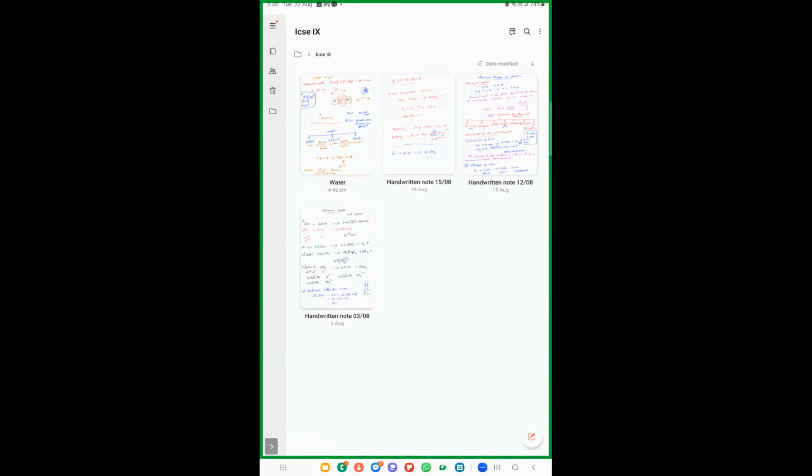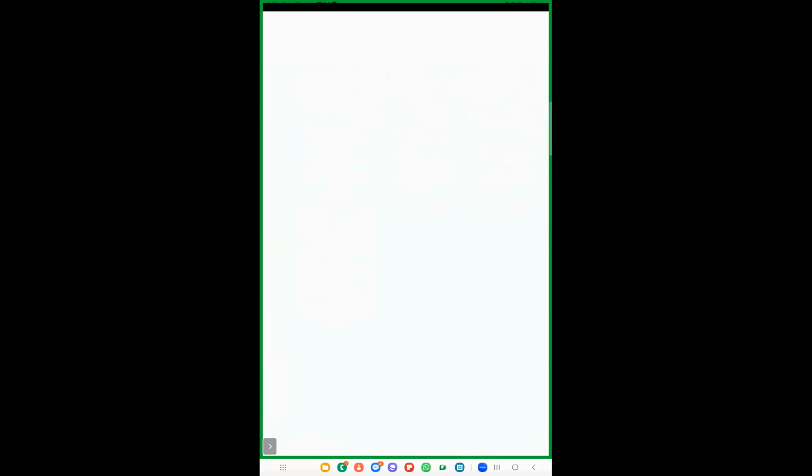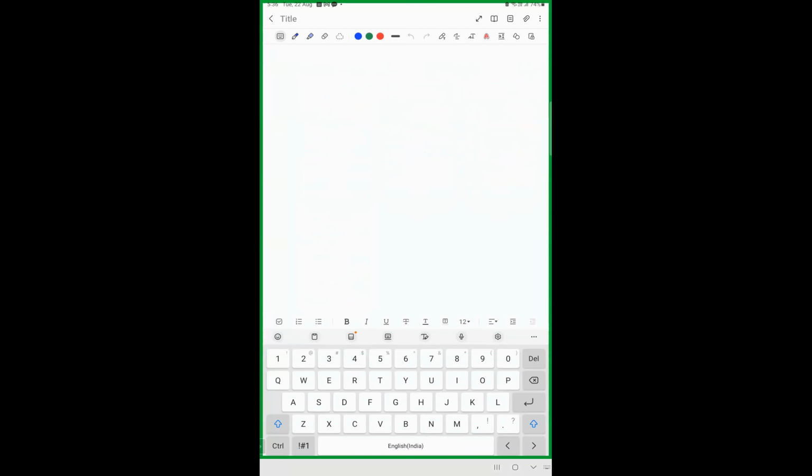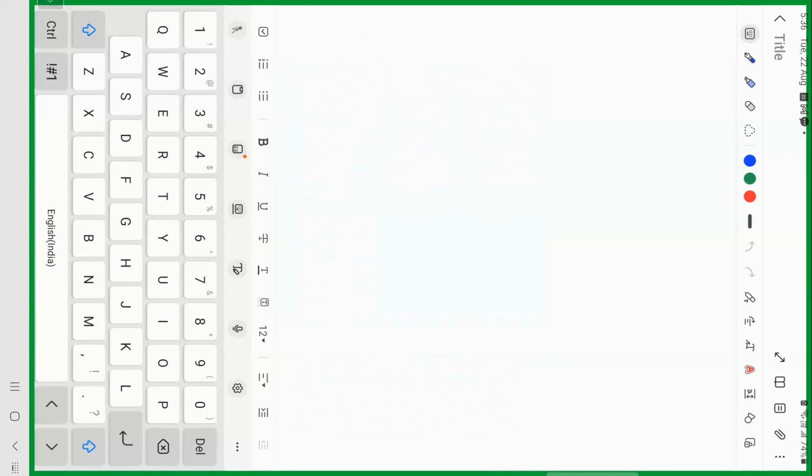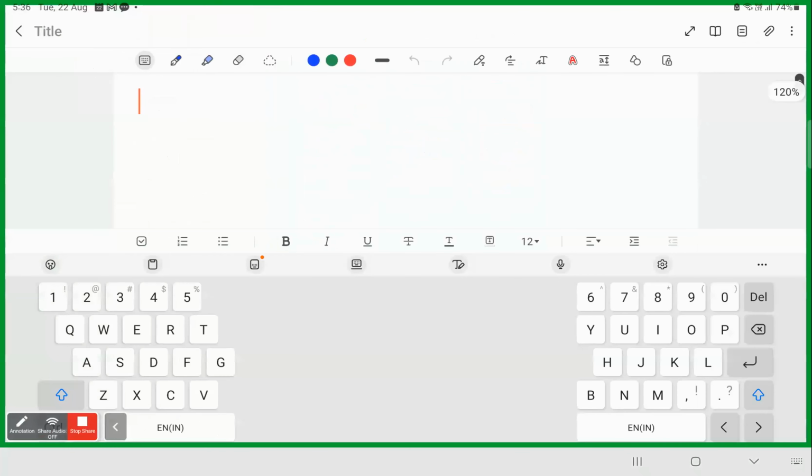What are non-metals? You could see my screen, right? So, metals and non-metals.